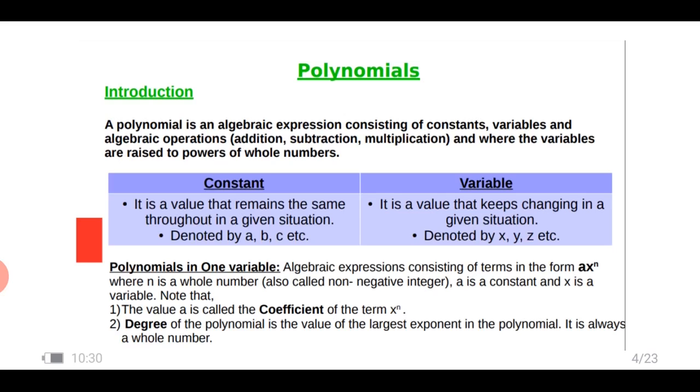Note that the value of a is called the coefficient of the term x^n, whereas the degree of the polynomial is the value of the largest exponent in a polynomial, and it is always a whole number.